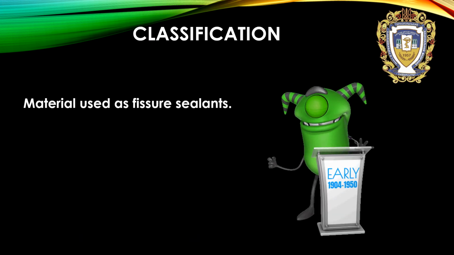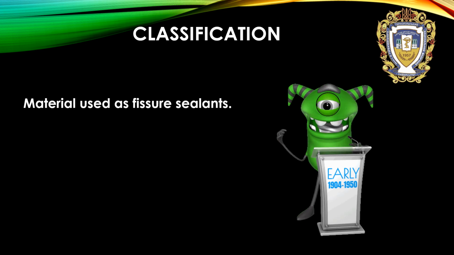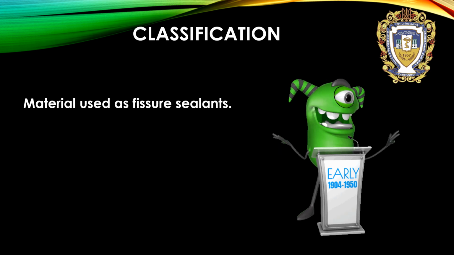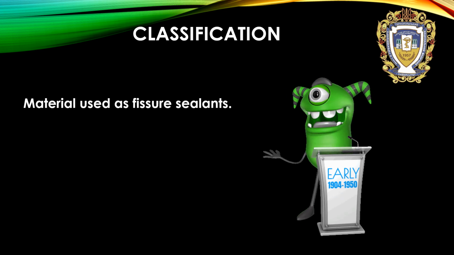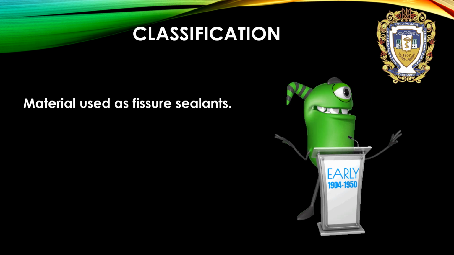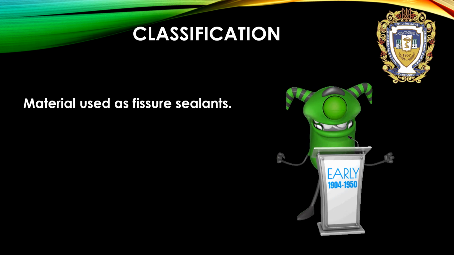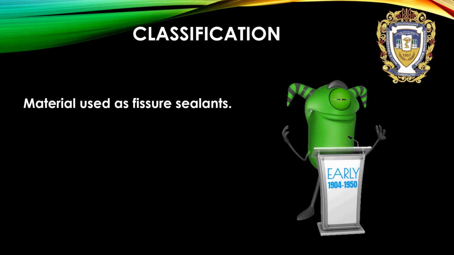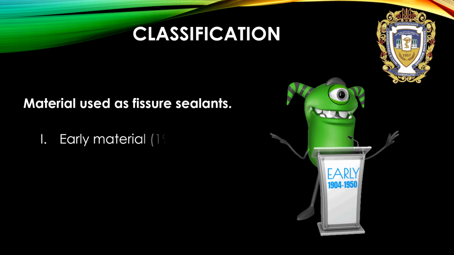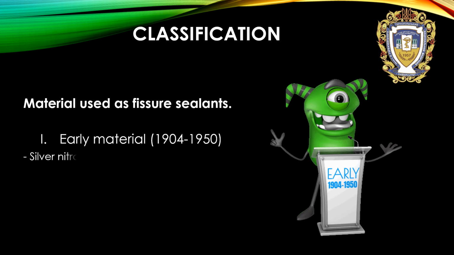And classification of materials used as fissure sealants. The first group of materials for this purpose was developed from 1904 till 1950, and it is called early sealants or early material.